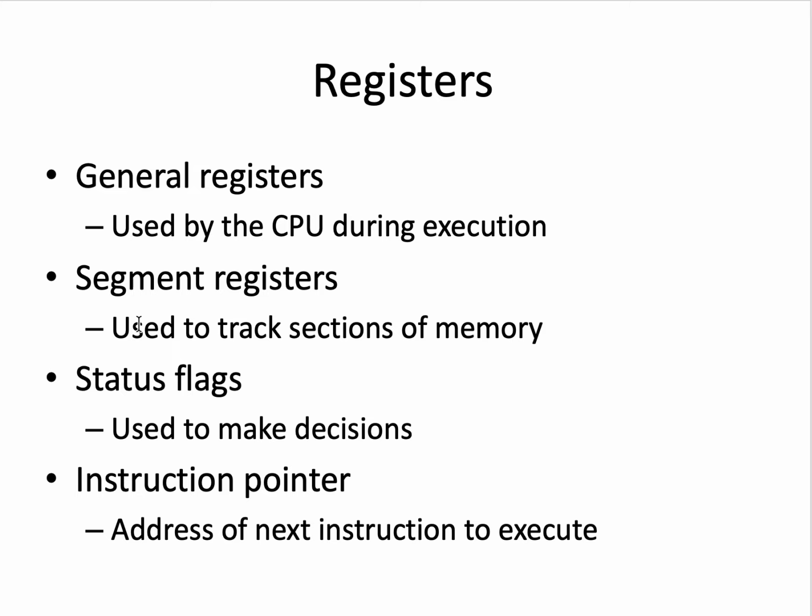General registers are used by the CPU during execution. Segment registers are used to track sections of memory if there is an overflow. Status flags give it the instructions after a decision is made, and the instruction pointer is the address of the next instruction to execute, known as a pointer, kind of like C and C++ pointers. It gives us the memory address.